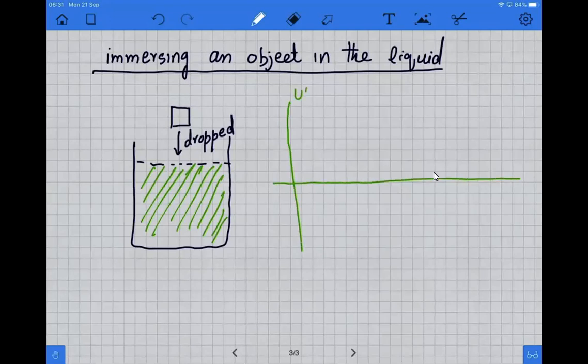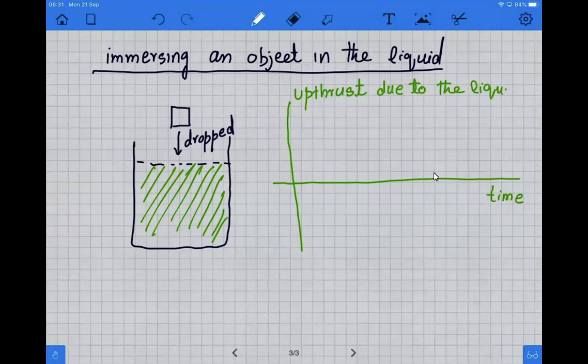If we plot a graph of upthrust against time, and this is upthrust due to the liquid and not due to the fluid, so upthrust due to the liquid for understanding.